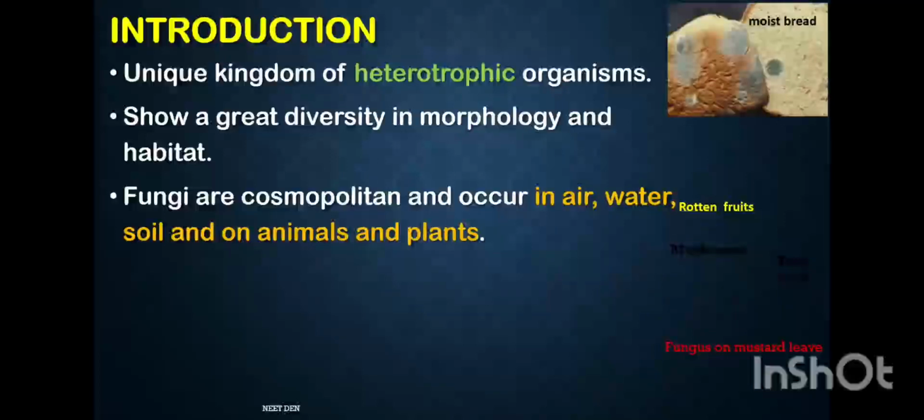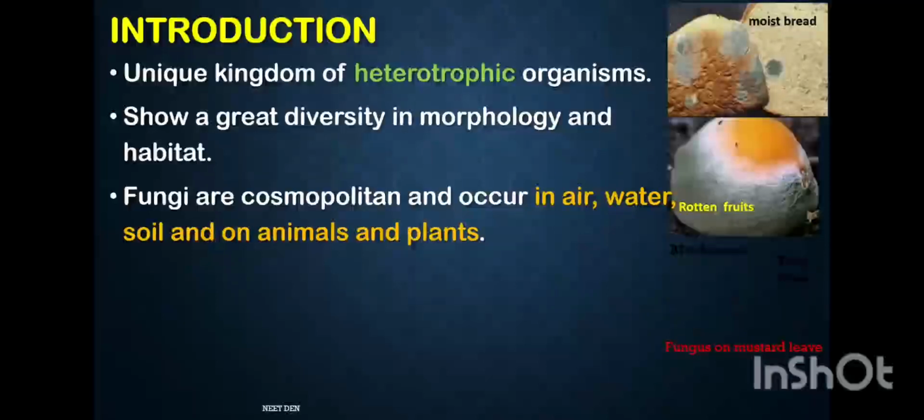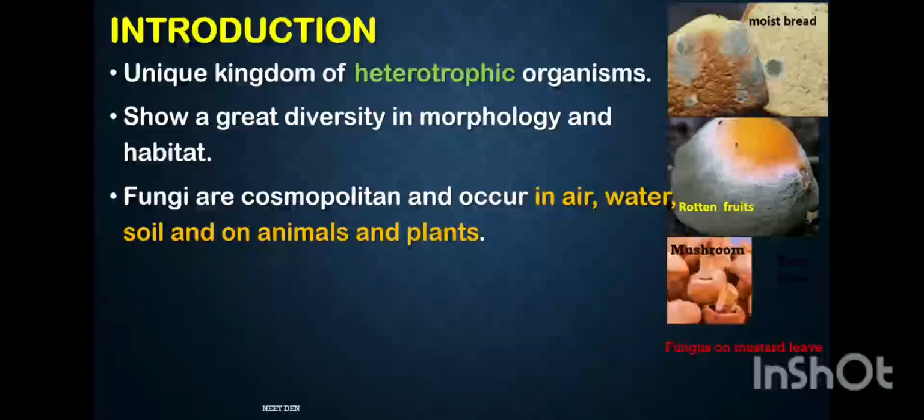Some of the common fungi which we see around us: if we keep the bread outside in moist, damp circumstances, we find that the bread gets covered with a fungus which is whitish grayish in color. Similarly, on the surface of rotten fruits, we find fungi.